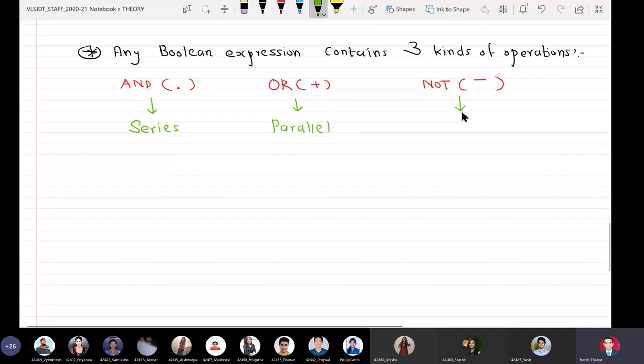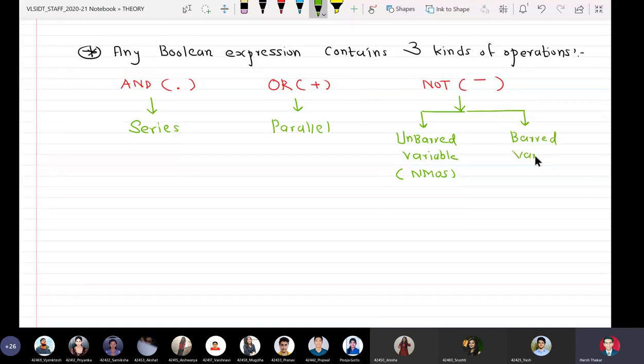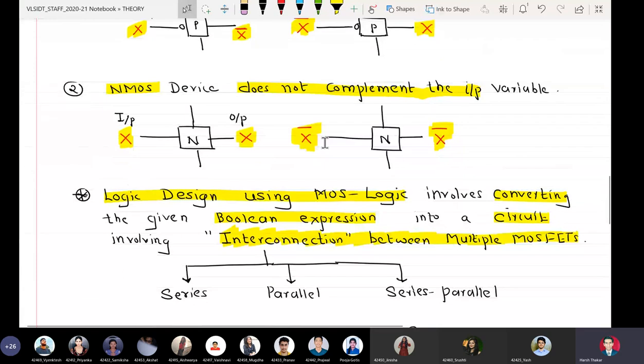Okay. So if it is an unbarred variable, I have to use NMOS. If it is a barred variable, I have to use PMOS. Why? Because my rule number 1 says that PMOS is the device which gives complementation.